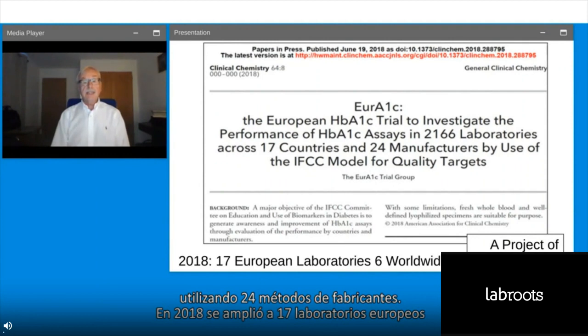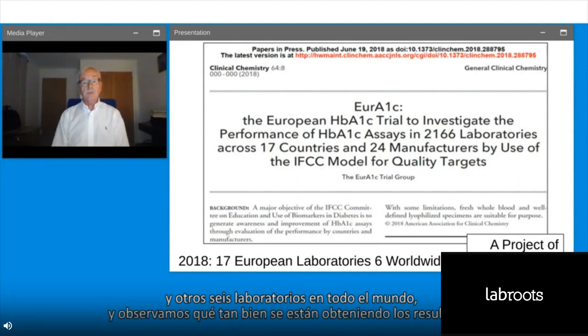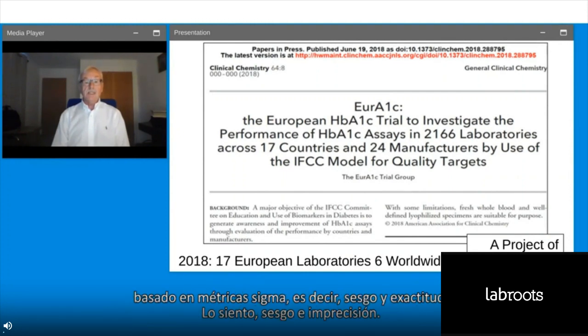In 2018, this extended to 17 European laboratories and 6 other laboratories worldwide. And we looked at how well results have been produced based on sigma metrics, i.e. bias and imprecision.